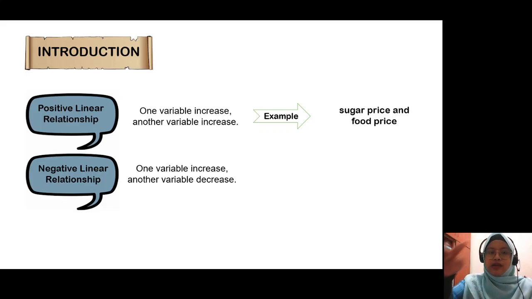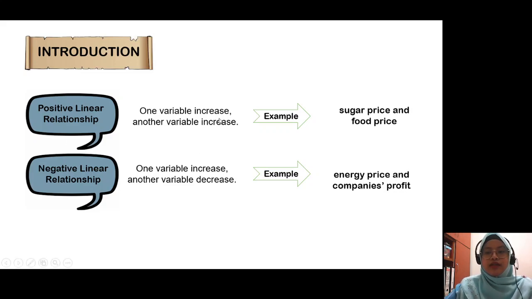So that is a negative relationship. For example, if the energy price increases, or let's say the electricity cost, if your electricity cost is increasing, it will affect your profit. So your company's profit will decrease. More cost will affect your company's profit.